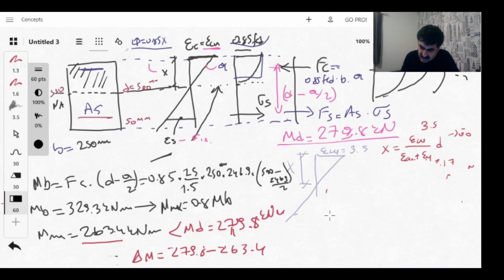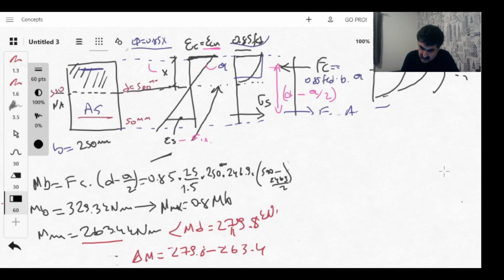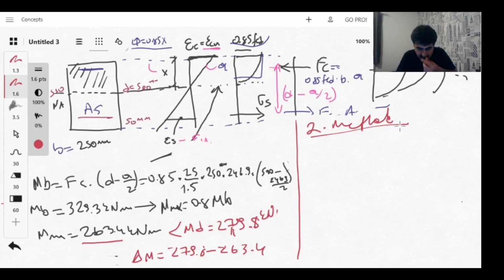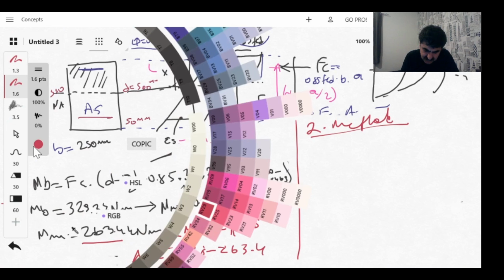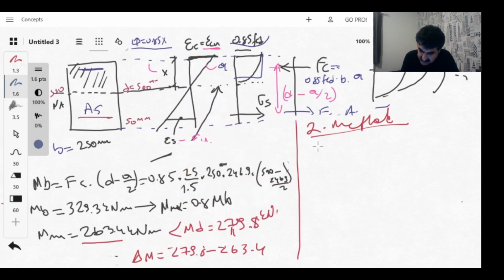This is an equation directly given as a simplified method in the Eurocode, which I call the second method. In the second method, x maximum will be 0.45d, and beta will be 0.40.